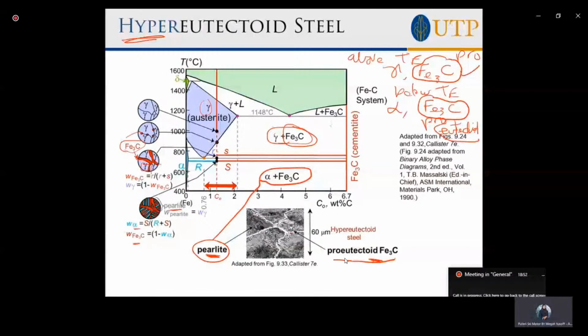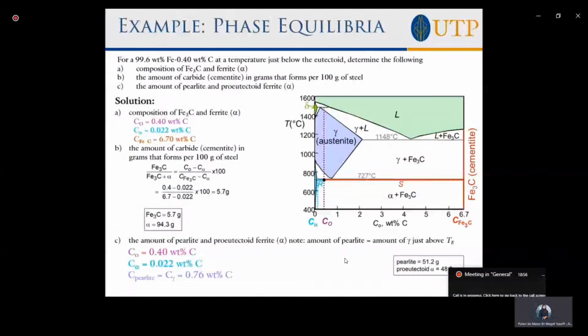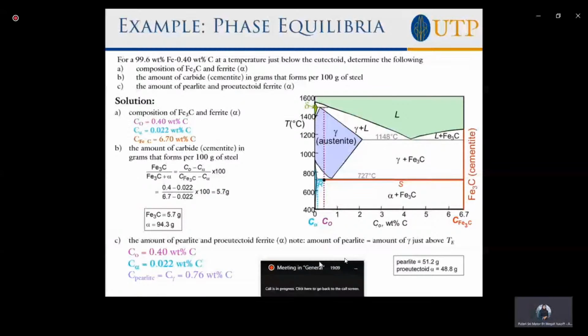Alright, so of course doing exercises, and then you will find understanding lah. So this is one example dealing with iron carbide. Okay, let's try to move that. Alright, so what you have here, you have 0.4% carbon.